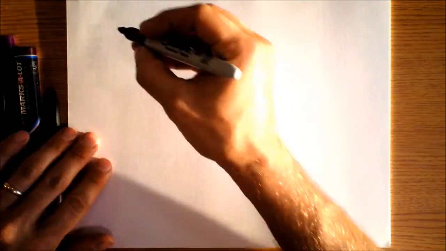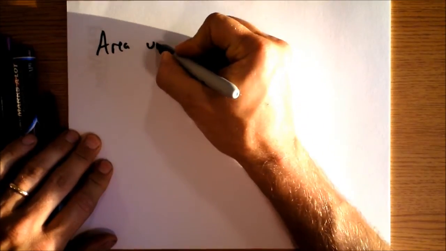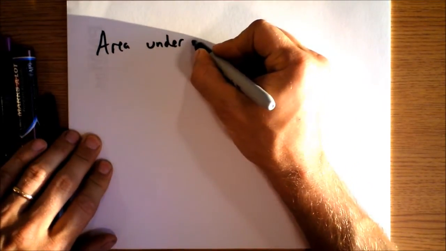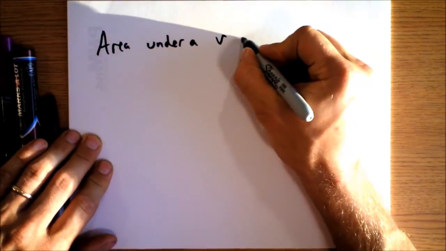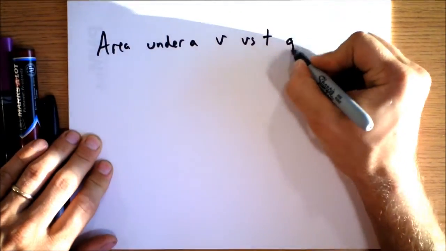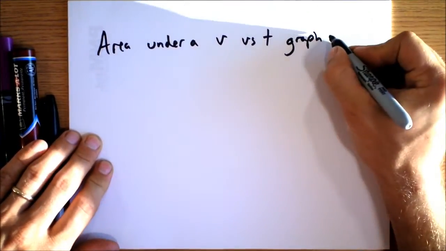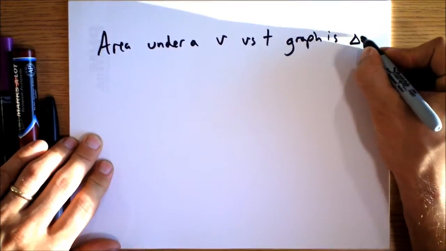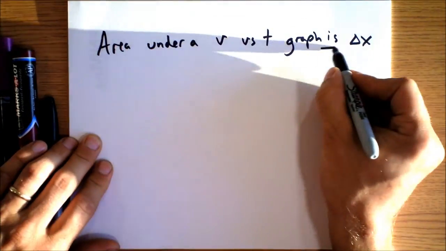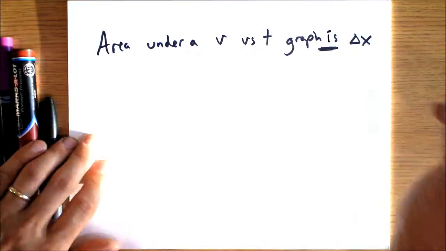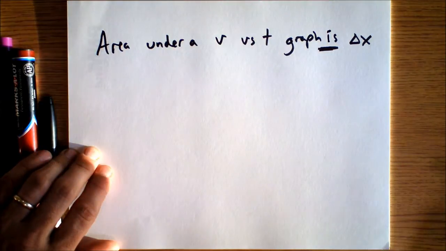So we can write ourselves some maxims here, and that is, area under a velocity versus time graph is displacement. Actually, it is the same thing as the displacement.